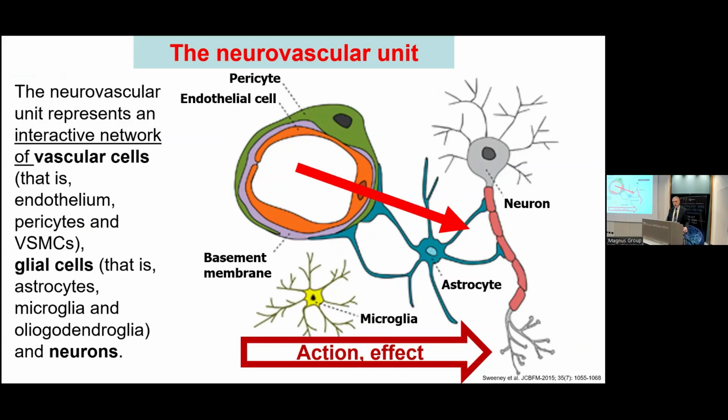In that case, there is a suggestion, and not only by me, I guess Logovich also proposed the same thing, to call this unit the vascular neuronal unit.